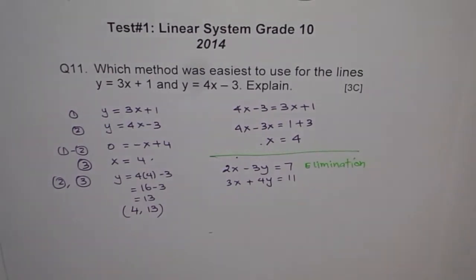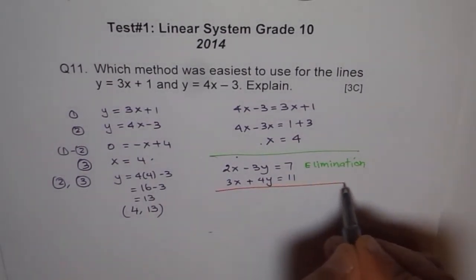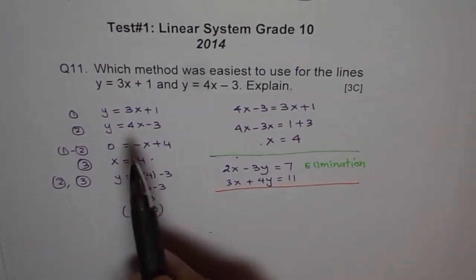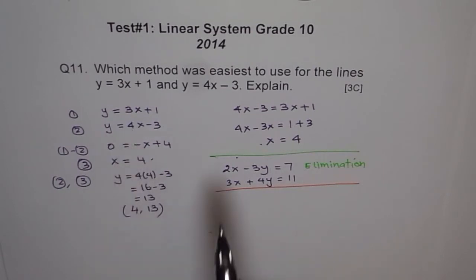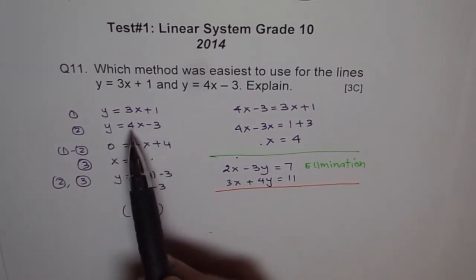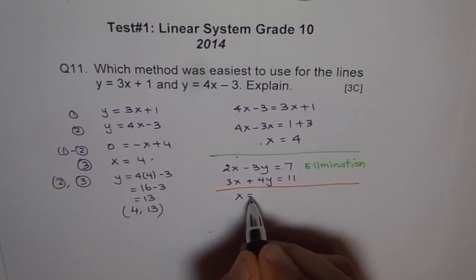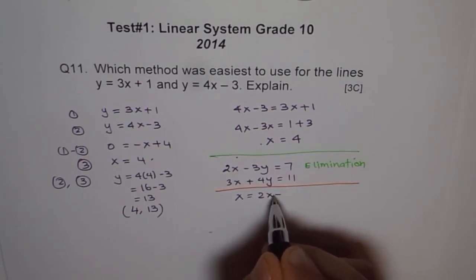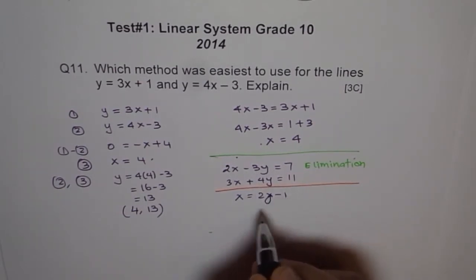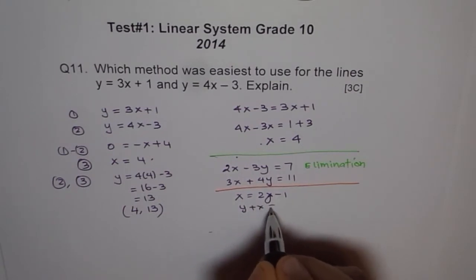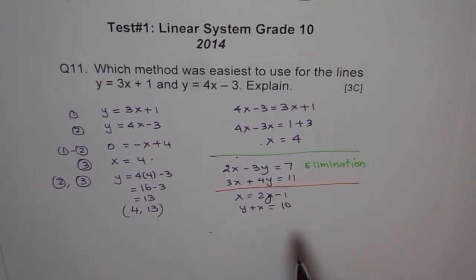But if I have an example like this, then I'll prefer substitution. That's a good example of a linear system for substitution. For example, if I have x equals 2x minus 2y minus 1 and y plus x equals, let's say, 10, these kinds of equations are good for substitution.